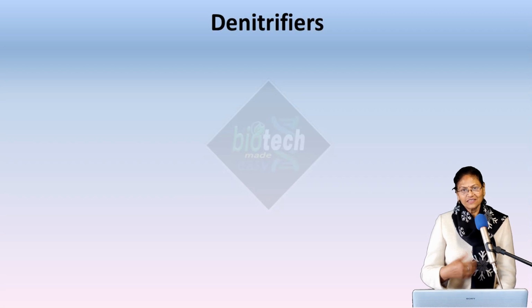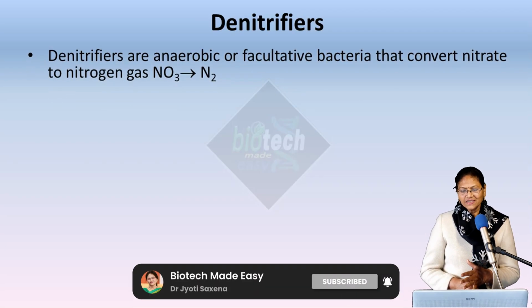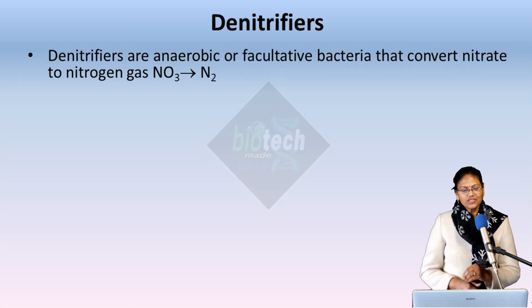Now the denitrifiers. Denitrifiers are anaerobic or facultative bacteria. They convert nitrate to nitrogen gas. See, nitrate is safer as compared to ammonia, but nitrogen is the safest.